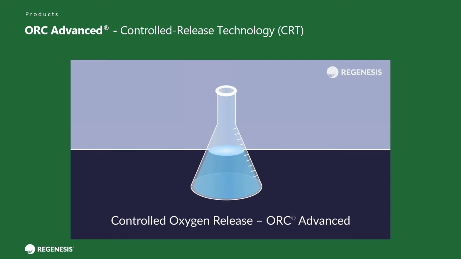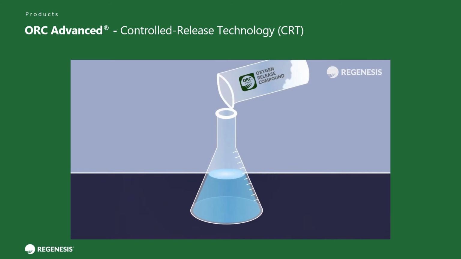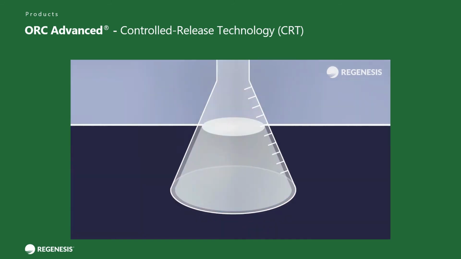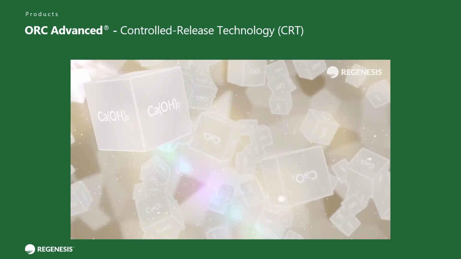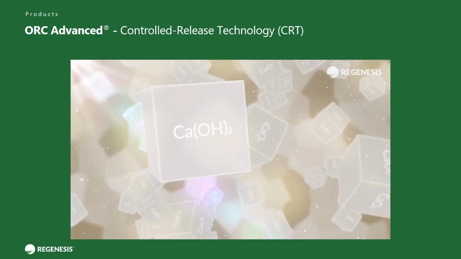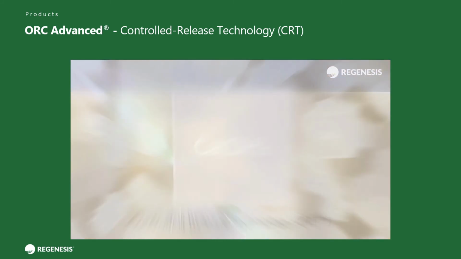We also polished it off with a biopolishing step using ORC. That's our oxygen releasing compound. It's been around for a long time now, probably a good 20 years. ORC, when you apply it to the subsurface, it's a calcium oxyhydroxide where we've interpolated phosphate crystals into that structure to give you a controlled release of oxygen.